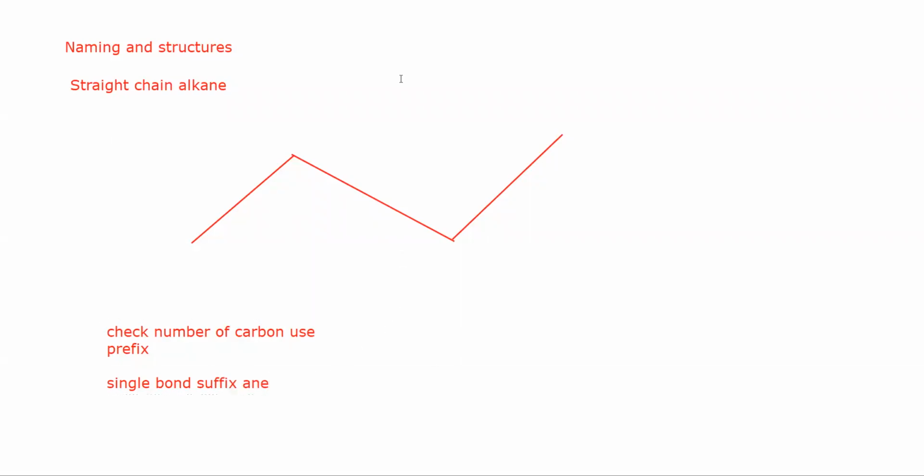So how many carbon atoms are there in this compound? This is a straight chain alkane, and this is a skeletal formula. So 4 carbon atoms. For 4, what is the prefix we use?